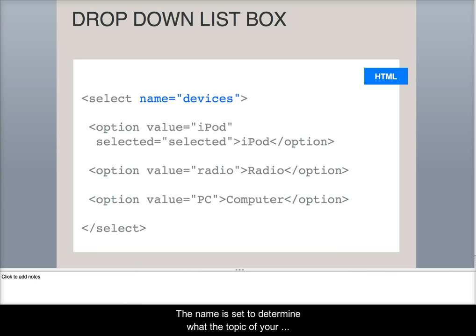The name is set to determine what the topic of your selection will be. In this case, it's devices. The value attribute is set for each option tag. These are the values that will show when sent to the server, indicating what the user selected. Seems to be a pattern here.